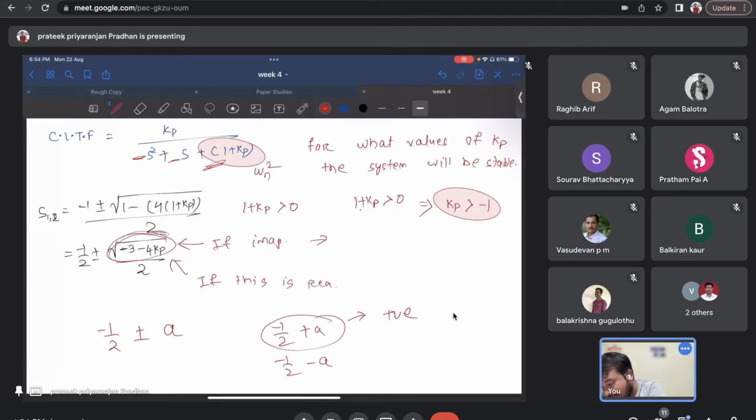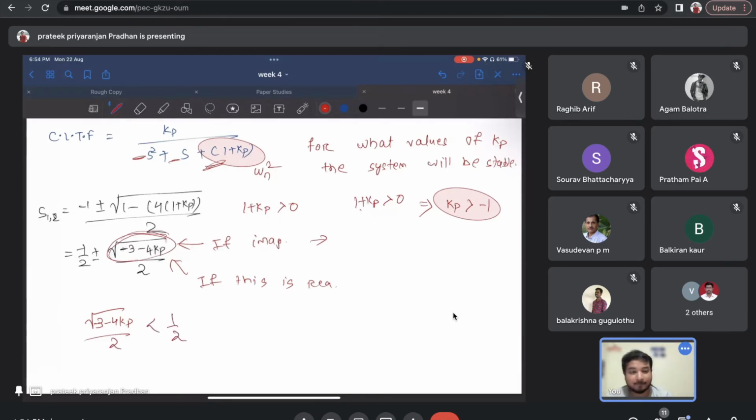So what I want is the root over of minus 3 minus 4 Kp, whole divided by 2, should be less than half in magnitude. Then the 2 is cancelled.